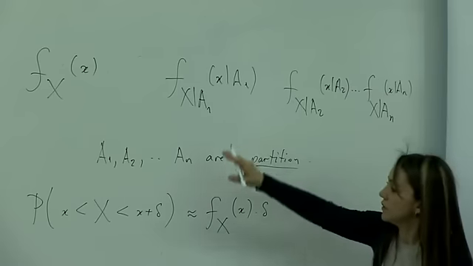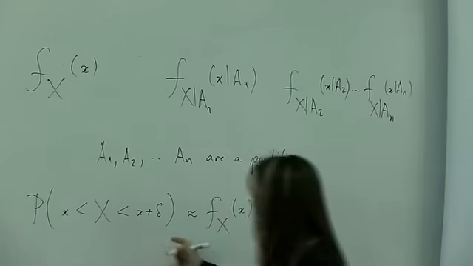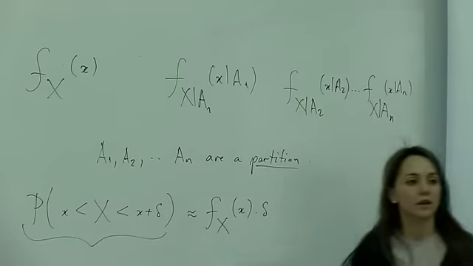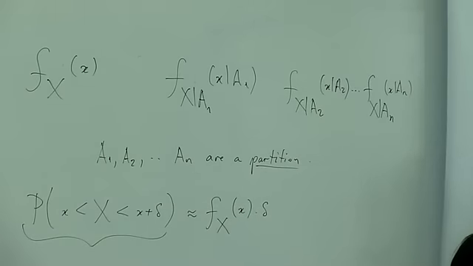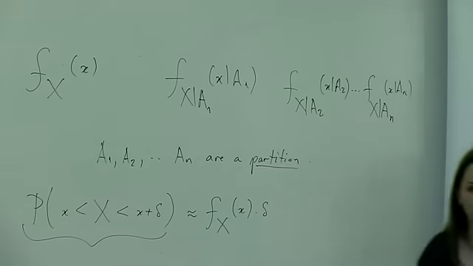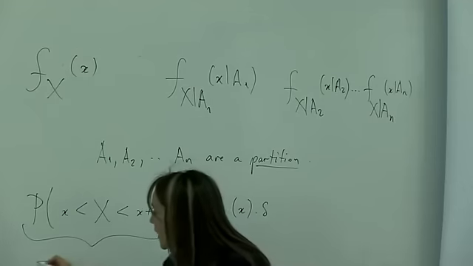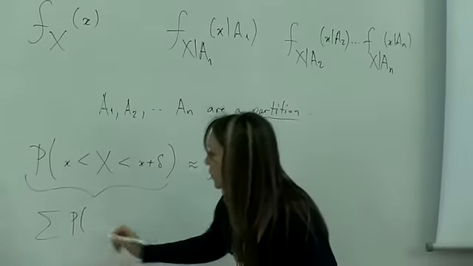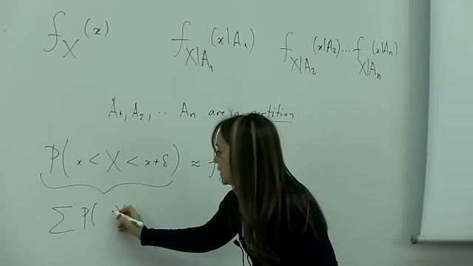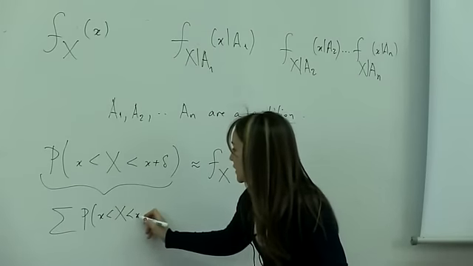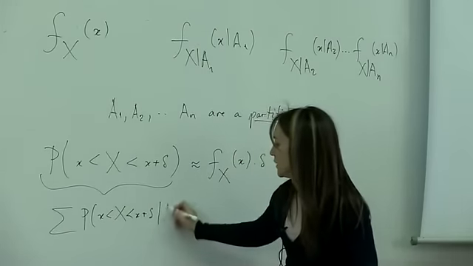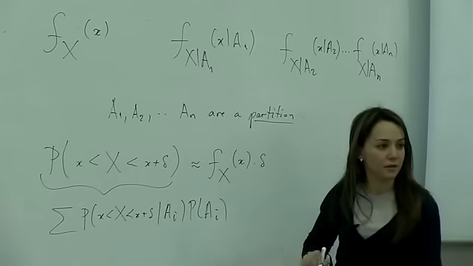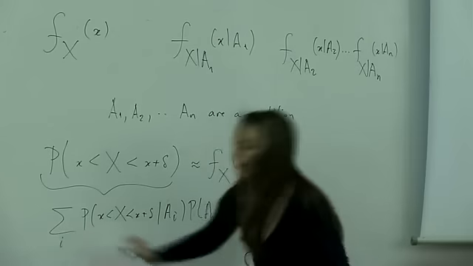Now think about this probability. Suppose we're breaking this probability into a summation using the total probability theorem. How would that proceed? We would write this as a summation of the probability that X is between x and x plus delta given Ai, times the probability of Ai, and sum this over all i.